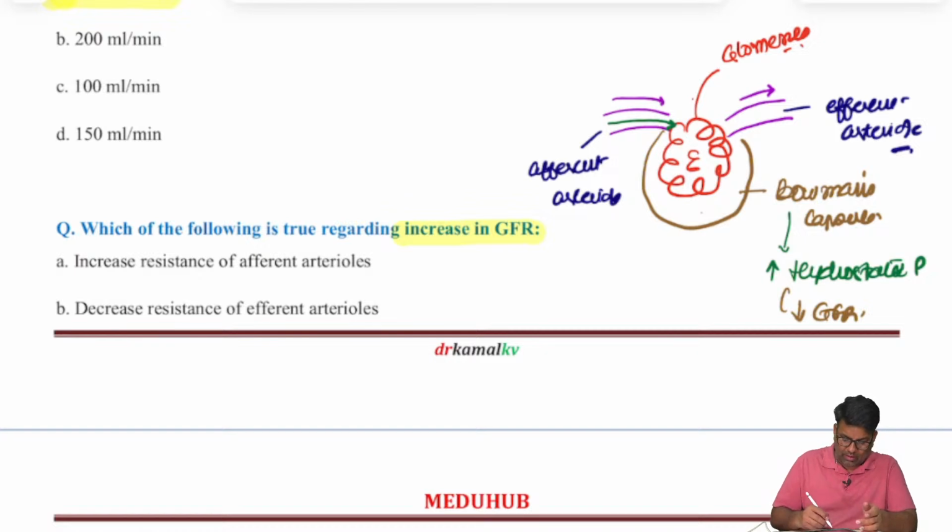So if you look at the options here, increased renal perfusion means more blood is going to the kidneys, that is, more blood flowing through the afferent arteriole. As I told you before, if the blood flow is more, it will increase GFR.